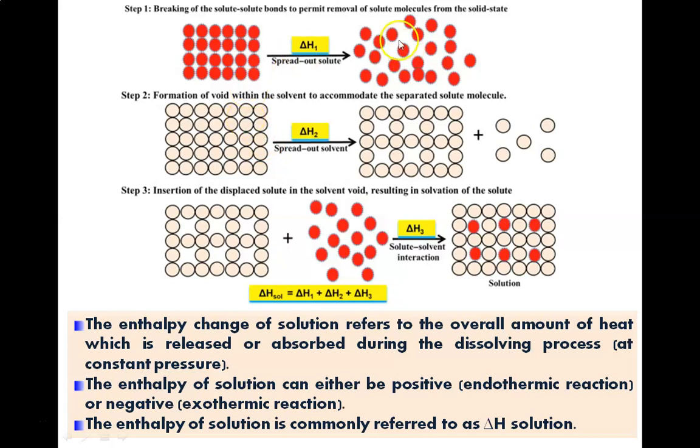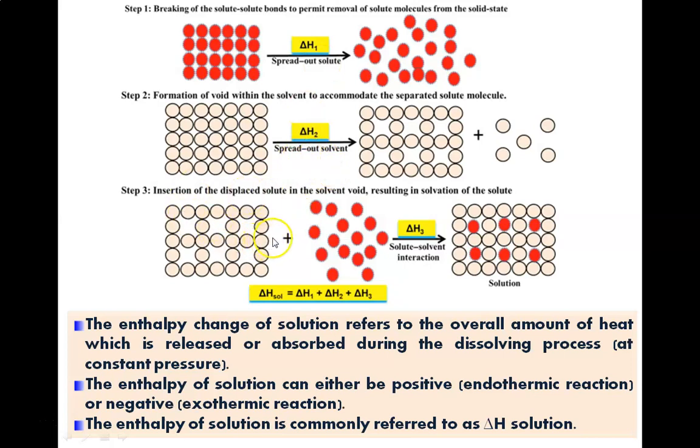Now to accommodate this solute molecule, the solvent must create a vacant or void space, so that this solute can incorporate into the solvent. This is nothing but the second state, that is spreading out of solvent. The first state is spreading out of solute.